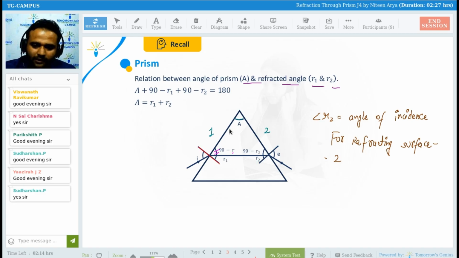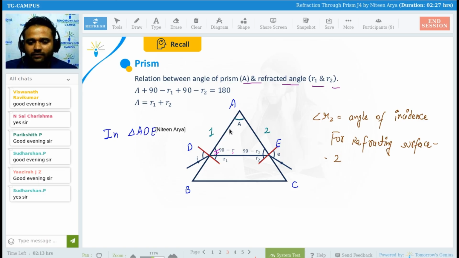So again, the angle obtained. Okay, I'll give it a name also. There are two similar triangles. First is A, B, C, and A, D, E. You can see in triangle ADE, that is very basic, angle D is 90 minus R1.